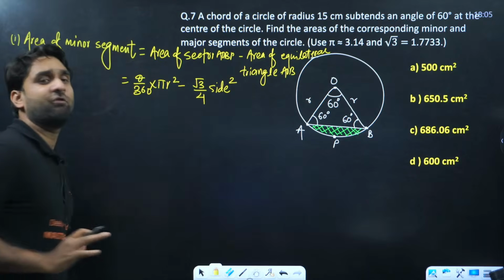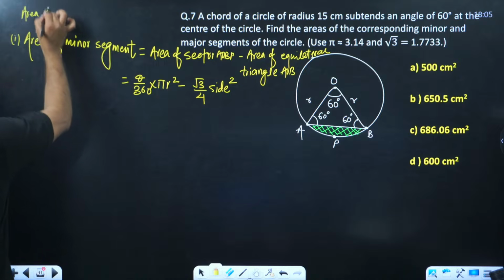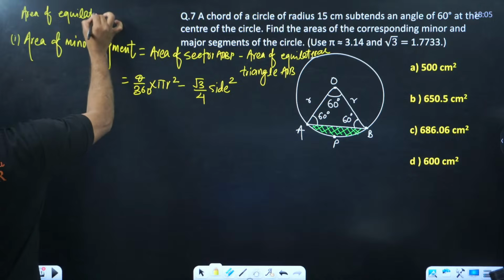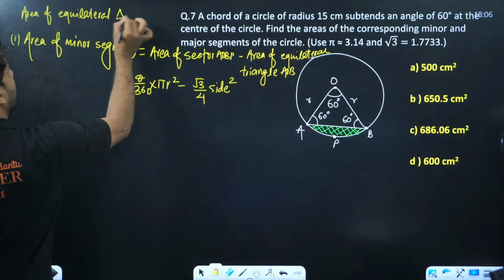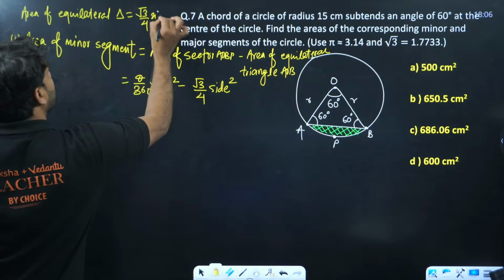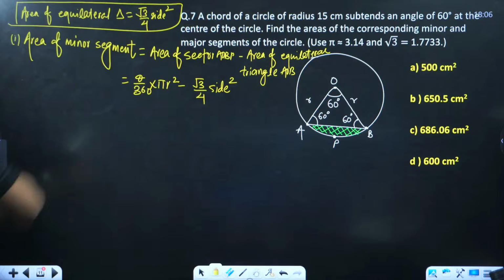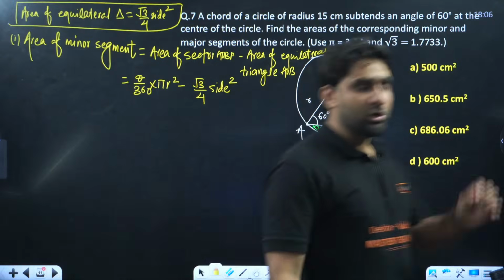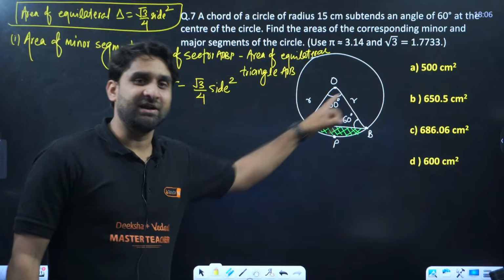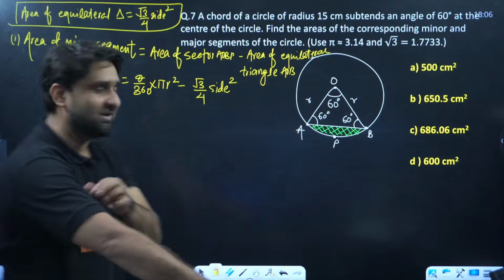Guys, please don't forget this very important formula. Area of equilateral triangle is root 3 by 4 side square, and in this triangle the side is equal to the radius itself, right?